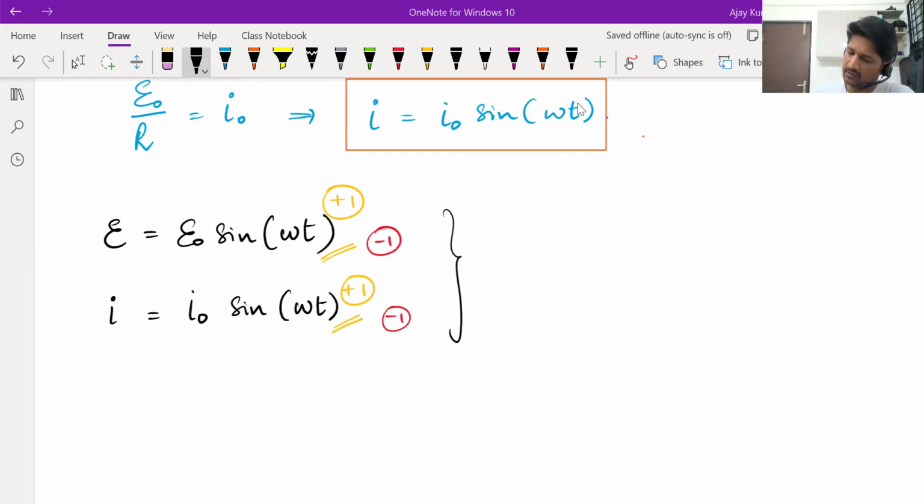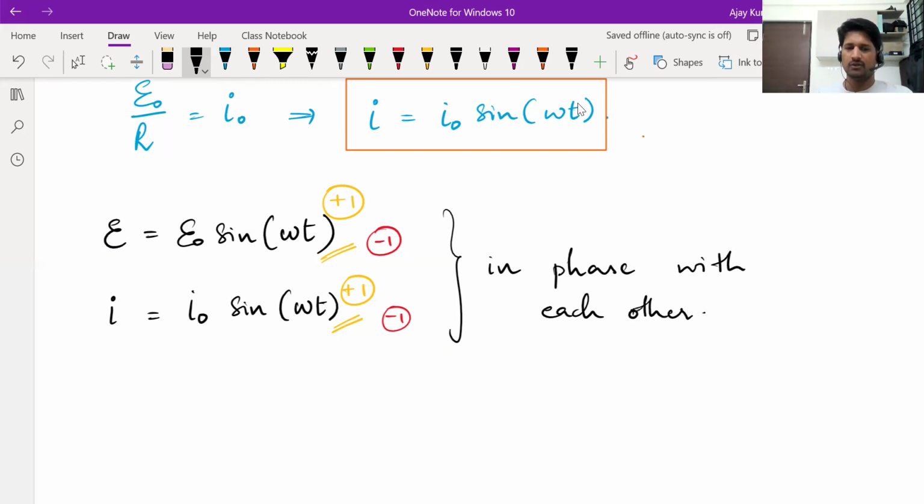They are said to be in phase with each other. So the alternating current passing through a resistor and the alternating voltage applied across it will always be in phase with each other. That is one observation we can make.